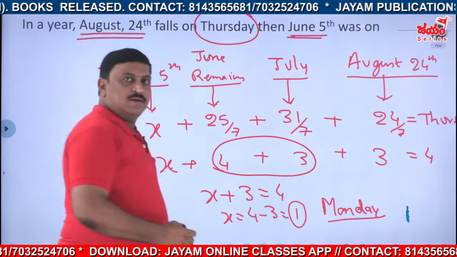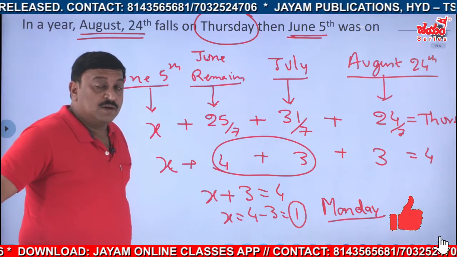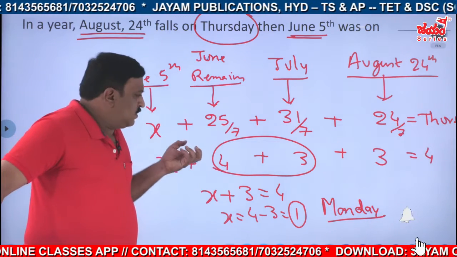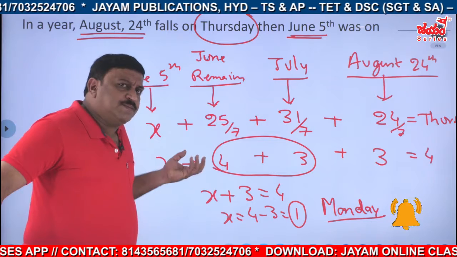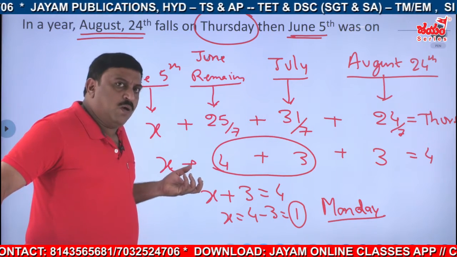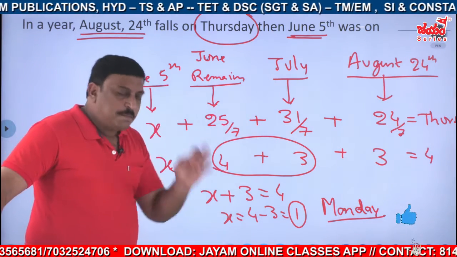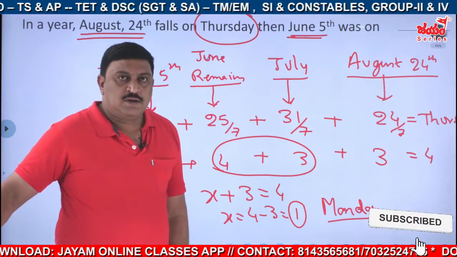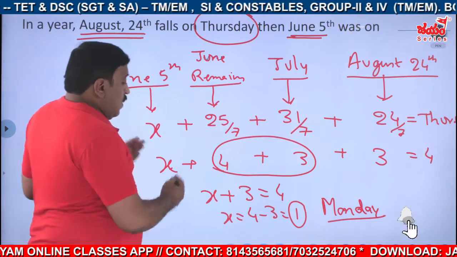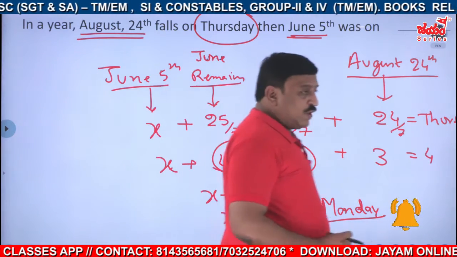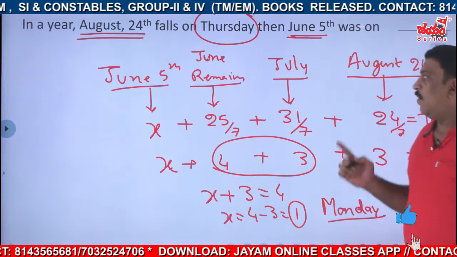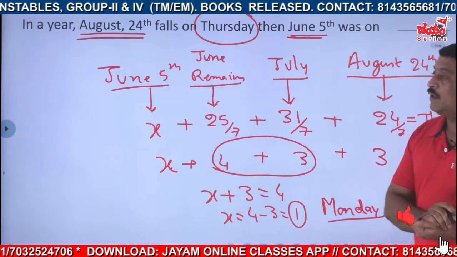See how simple this is. If you take one extra step, it may take maybe 5 seconds more, but you'll get accurate, perfect answers. No doubt. So what I want to suggest to you is this way of finding the previous days. So your answer is Monday.